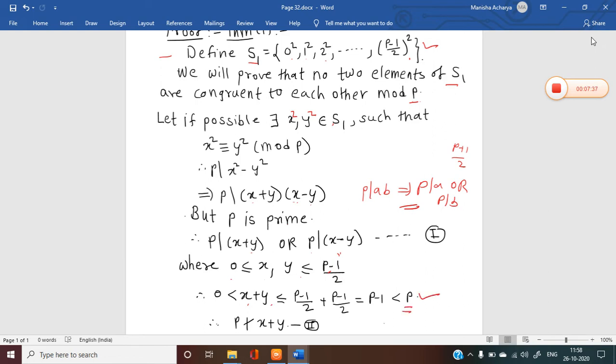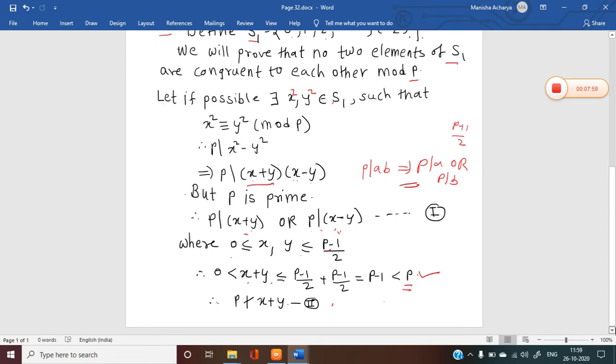So when their addition is less than p, obviously p does not divide x plus y. Okay, so here we got the result that p does not divide x plus y. So we are calling the result as 1, where we get p divides either x plus y or p divides x minus y. But in 2 we have got that p does not divide x plus y.